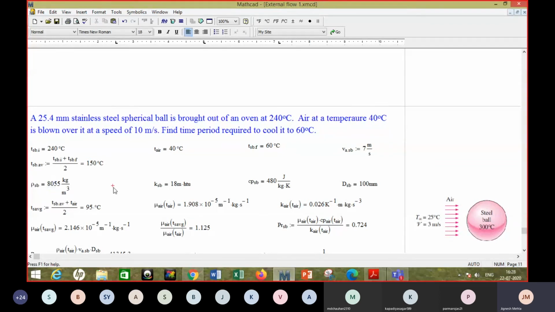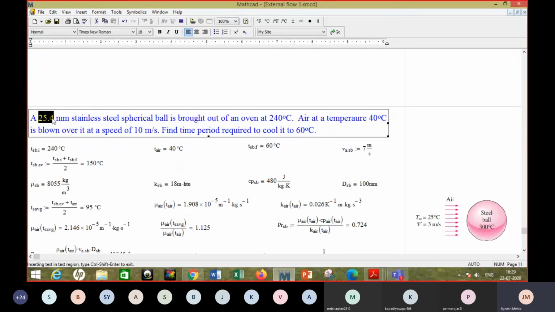Again, you have to get it from the appendix of a book or a table, or it might be given directly in the example. So the thermal conductivity is 18 watt per meter Kelvin, Cp of steel is 480 joule per kg Kelvin, and the diameter of this sphere is written here as 100 mm, right?